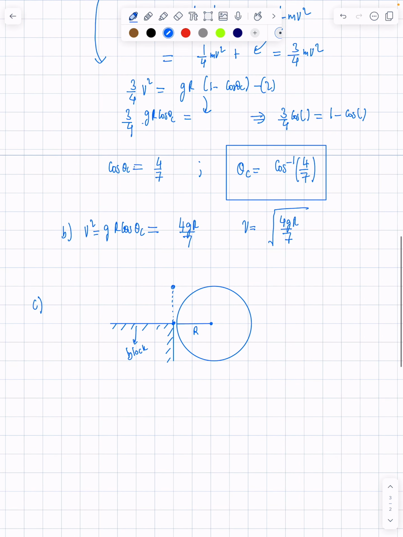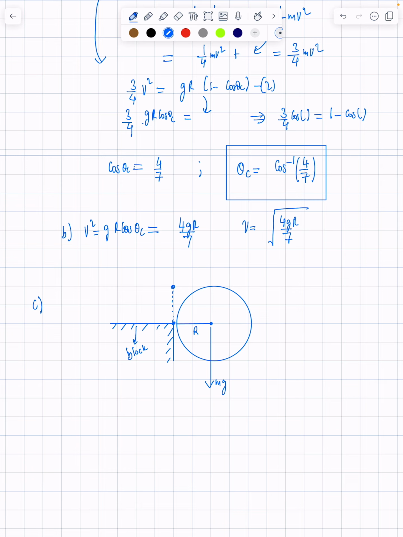So what happens is, after losing contact with the edge, there's no static friction acting on the cylinder, and of course there's no contact force. The only force now is mg, and mg passes through the center of the cylinder.